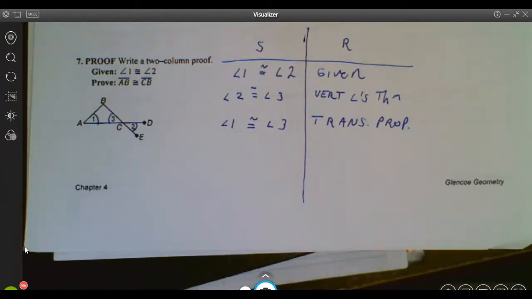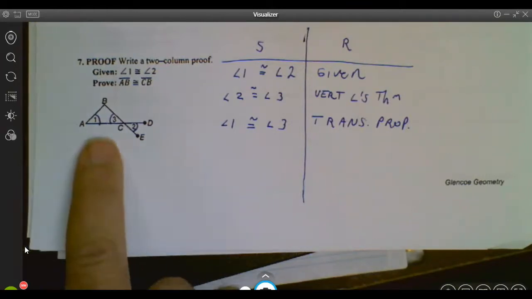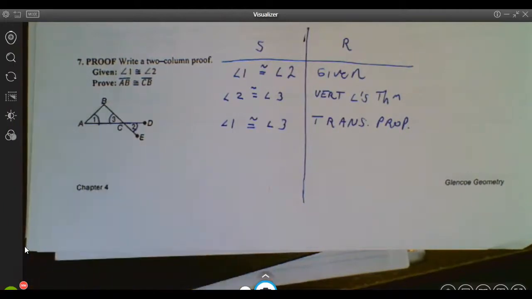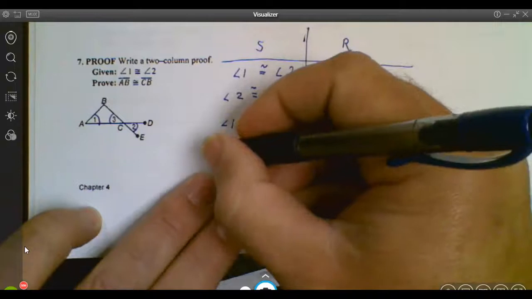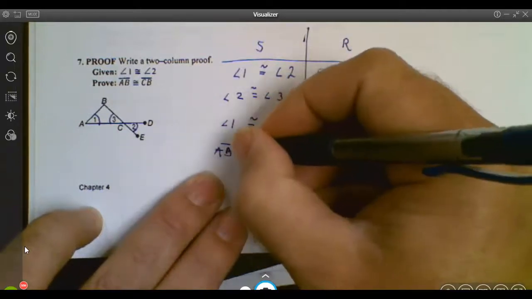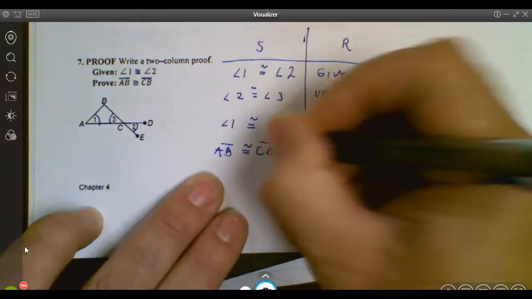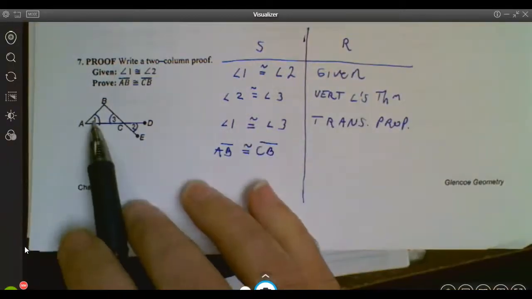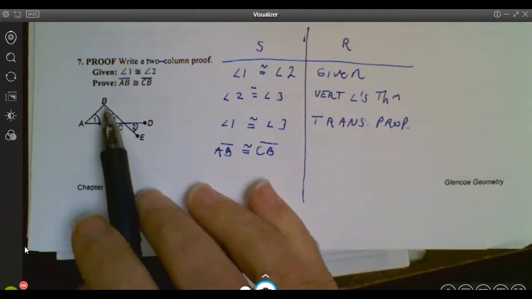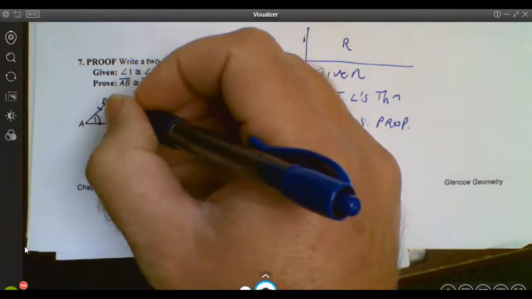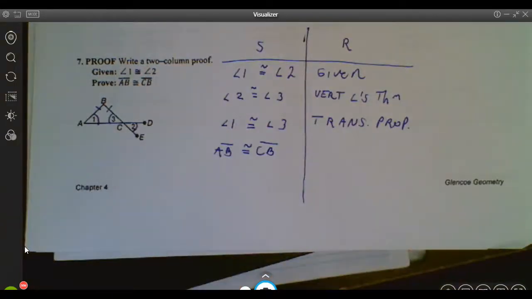But now that we've said that, well, if angle 1 is congruent to angle 3, what do we now know about side AB and side CB? What would have to now tell us that those two sides are congruent? Well, if these two base angles are congruent, that would make side AB congruent to side CB by the isosceles triangle theorem.